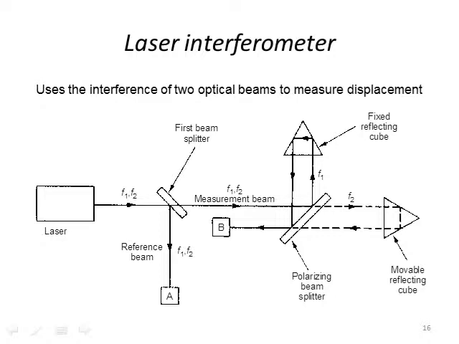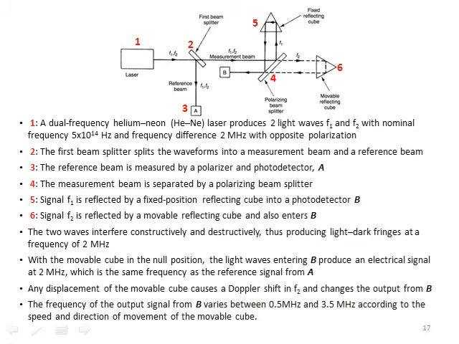Okay, so F1 goes to the fixed reflecting cube, F2 goes to the movable reflecting cube. They come back and are both joined again at detector B. Okay. And this gives a more thorough description of how this system works in steps 1 through 6.